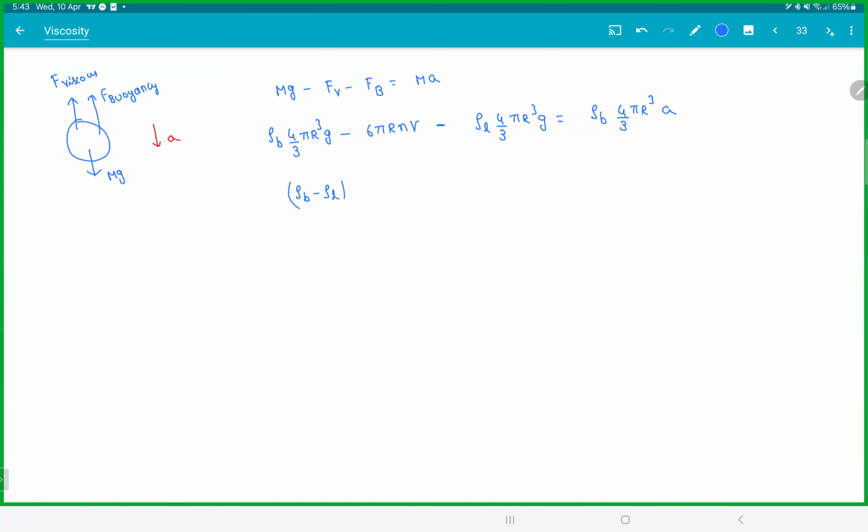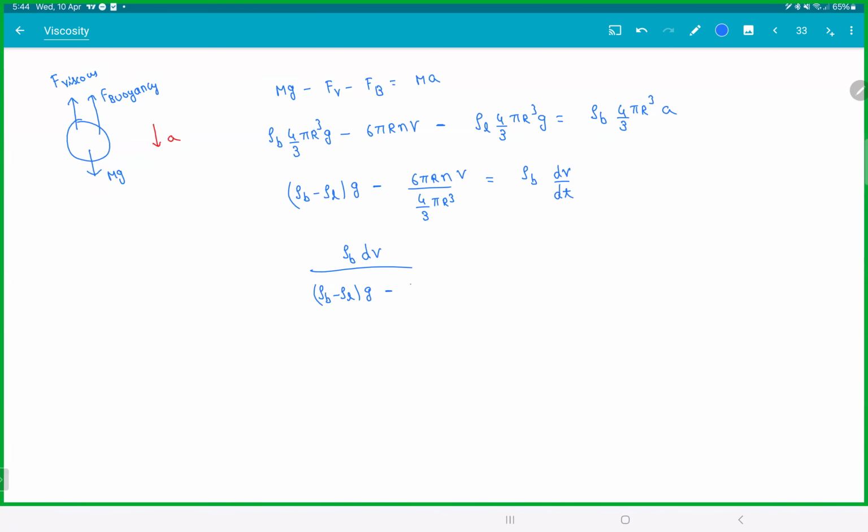Bring that 4 by 3 pi r cube here. g minus 6 pi r eta v by 4 by 3 pi r cube is equal to rho b into a, where a is dv by dt. So this will be dv by dt, rho b minus rho l g by rho b.